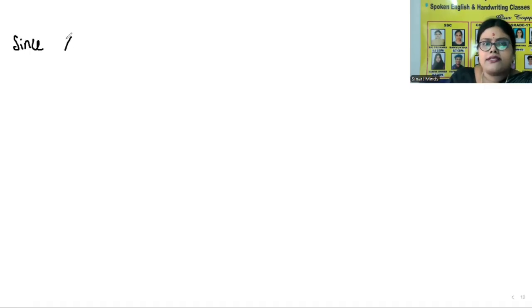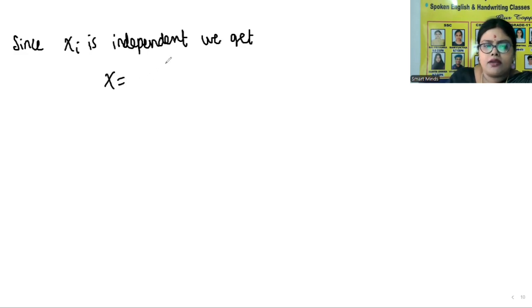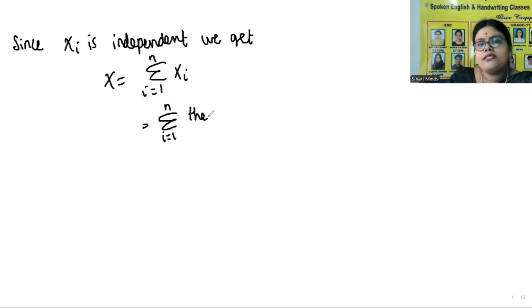Now since xi is independent, we get x is equal to sigma i is equal to 1 to n of xi. What is xi? Xi is nothing but the sum of positive deviation.